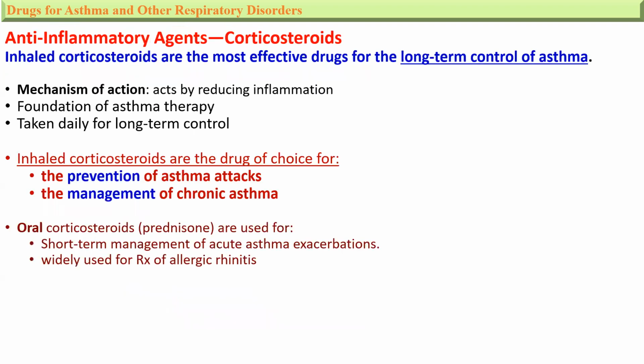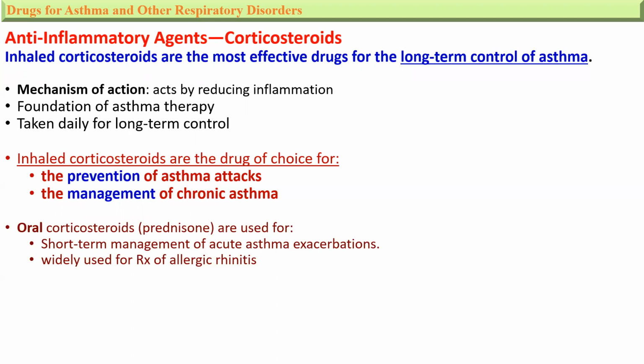Now, corticosteroids. Inhaled corticosteroids are the most effective drugs for long-term control of asthmatic attacks. It's an anti-inflammatory agent, acting by reducing inflammation. It's one of the foundations of asthma therapy.